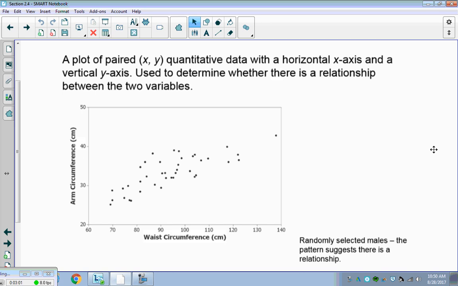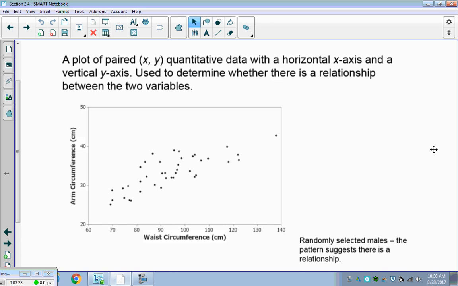This particular one is showing your waist circumference compared to the arm circumference in centimeters. As you can see, each dot represents a person. Comparing those 2 attributes, you can see that this pretty much is going towards a line, isn't it? Yeah. It pretty much is kind of gathered towards a line.